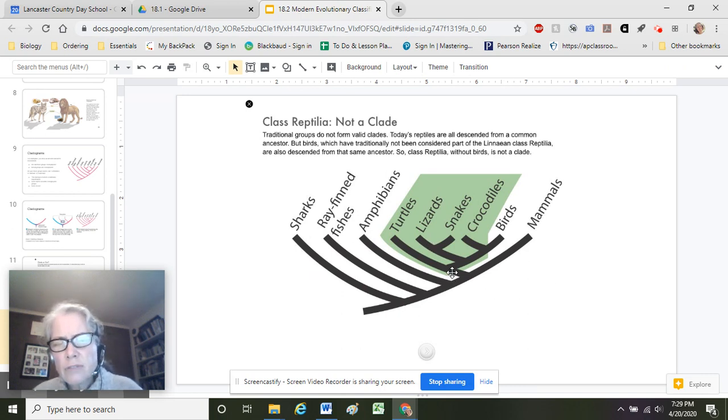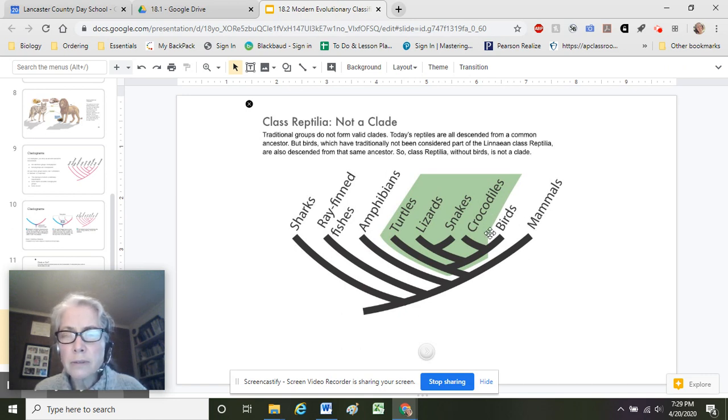But here's the interesting thing. This group that we call reptiles is not a monophyletic group, and here's why. Because the ancestor of all of these reptiles is here at this node where my cursor is, but this ancestor's descendants include a group that is not a reptile.